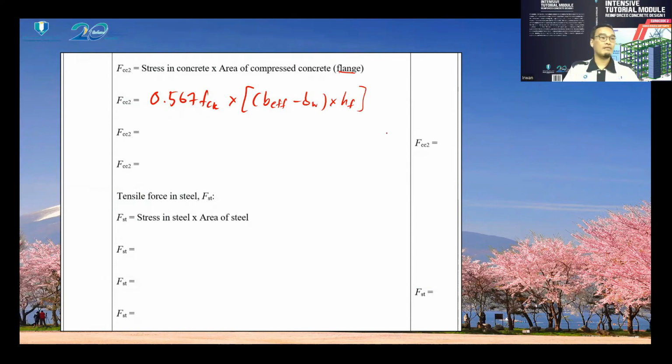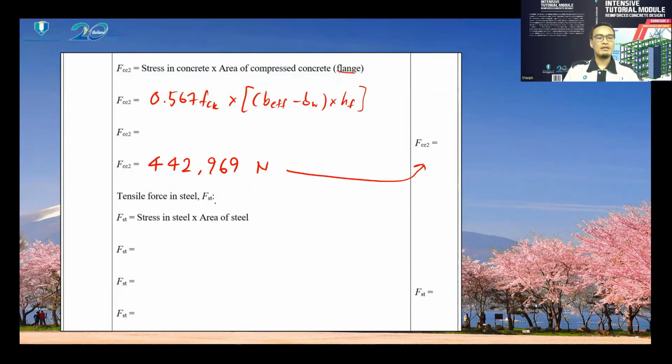You insert the value of every parameter here, and FCC2 is equal to 442,969 Newton. You can write down the value here later.